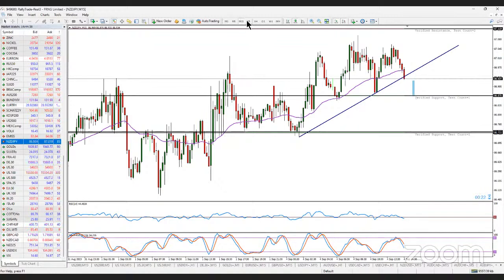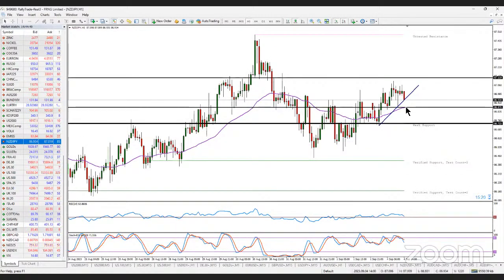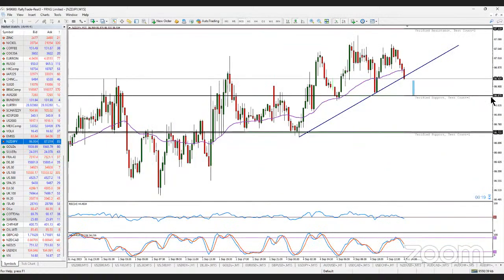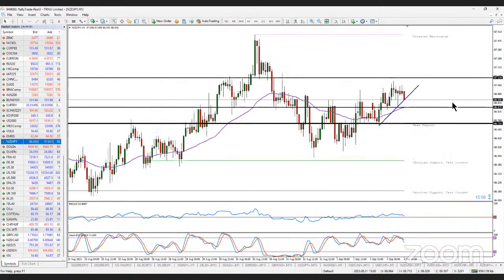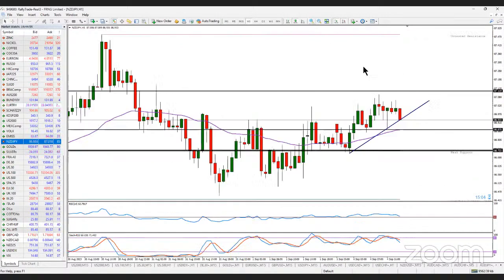Once it gets there, if I go and check my 1 hour, this candle is touching 86.870. If I go to 1 hour, look at 86.870. What can you notice?